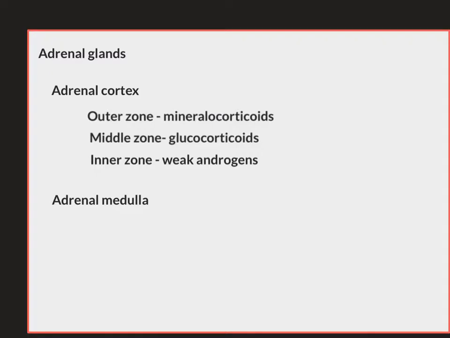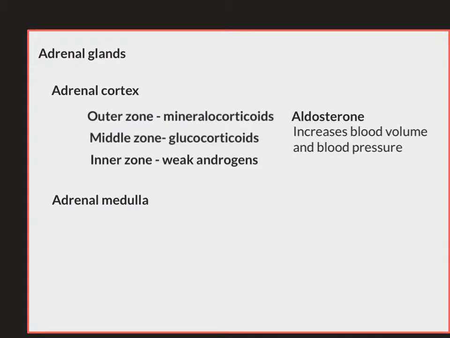Aldosterone is the major mineralocorticoid released by the outer zone of the adrenal cortex. Aldosterone increases the reabsorption of sodium from the urine into the blood and therefore also increases water reabsorption from the urine into blood. This will increase blood volume and help to adjust blood pressure as well as blood volume.